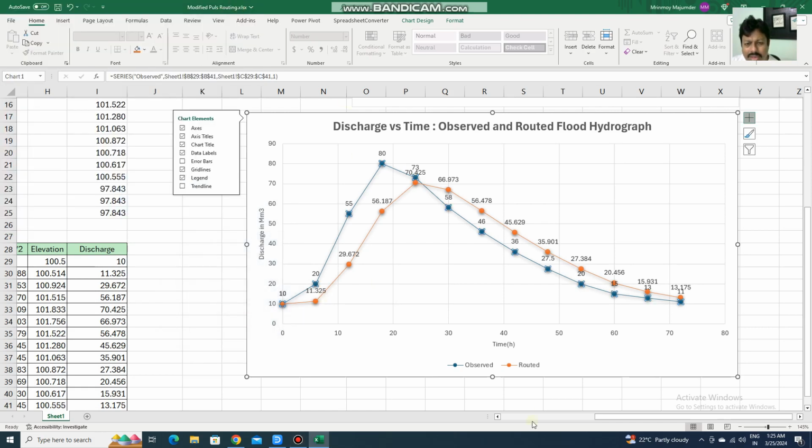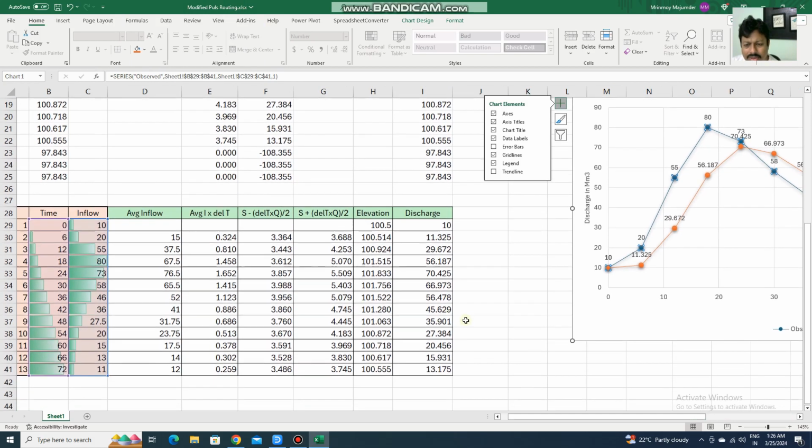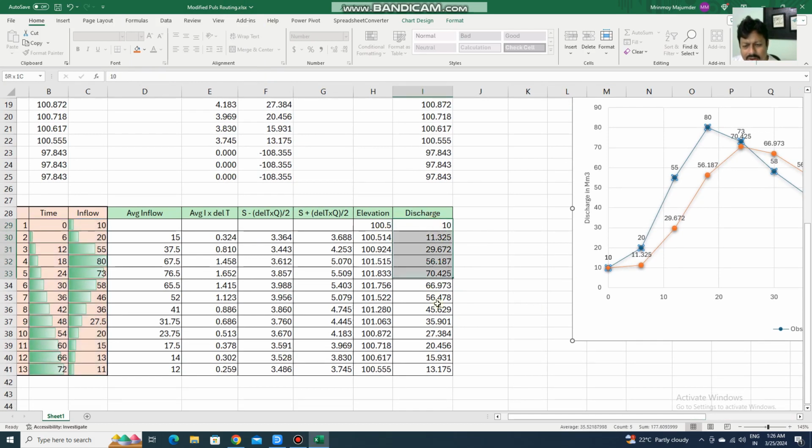So by repeating this step, you will find another hydrograph.